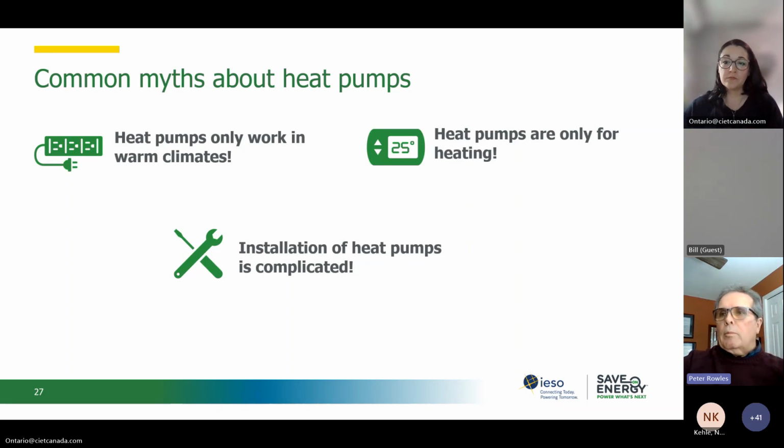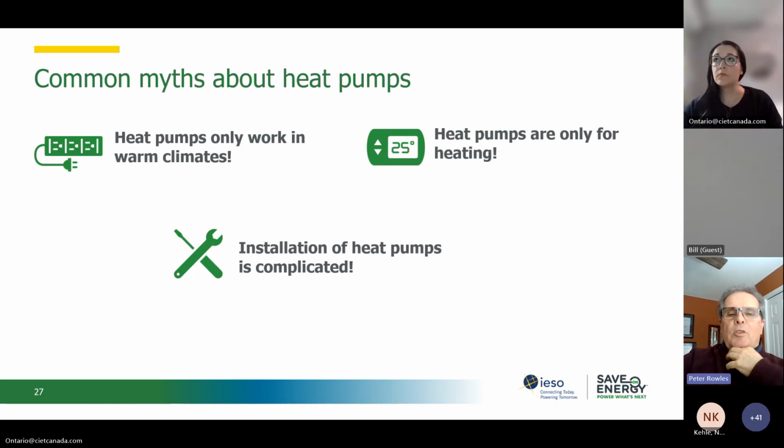And heat pumps, again as we talked about, are used for both heating and cooling. In terms of the complication of installation, there are some different things we need to think about when we're putting them in, and professional installation is recommended.